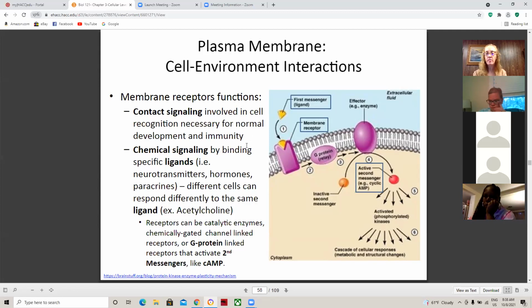They also can be involved in cell signaling by which they bind specific ligands, which we term first messengers. These ligands can be neurotransmitters, hormones, or paracrines, meaning things that are released by neighboring cells. When the ligand binds to these receptors, it activates a signaling cascade within the cell.